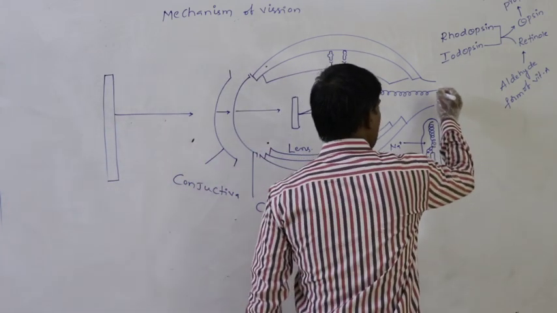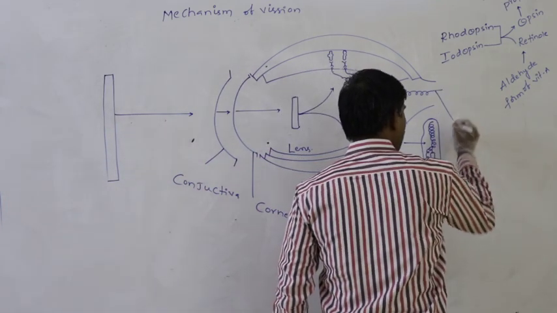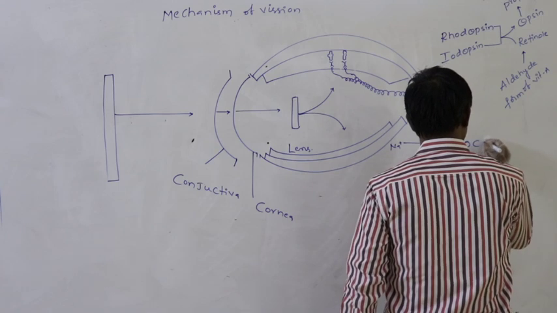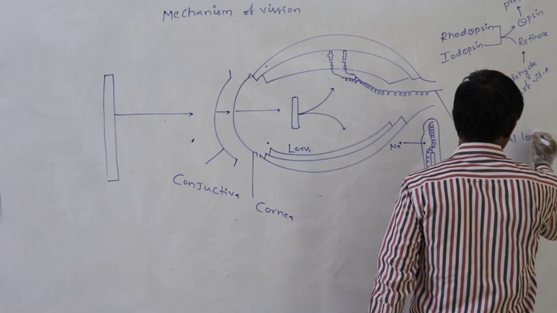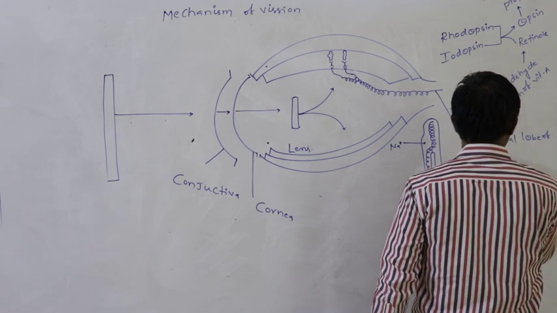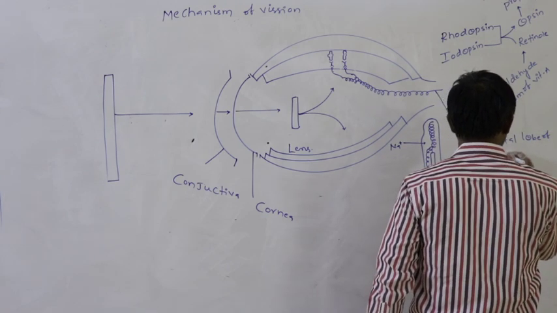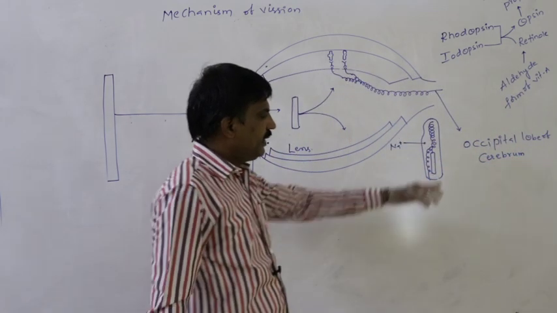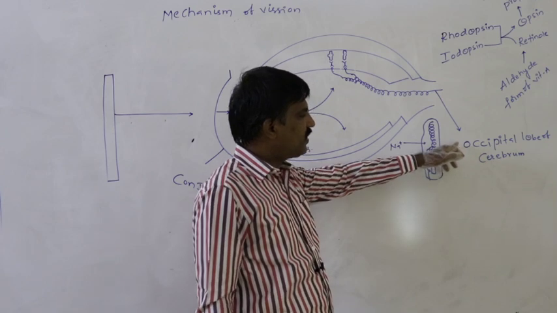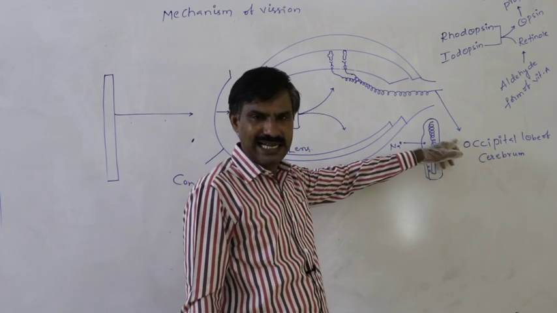Through the optic nerve, it finally reaches the occipital lobe of the cerebrum, where in the occipital lobe that information gets analyzed.